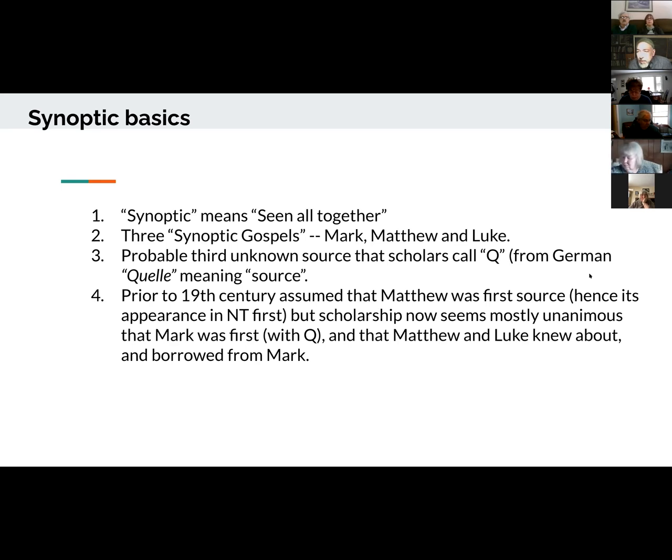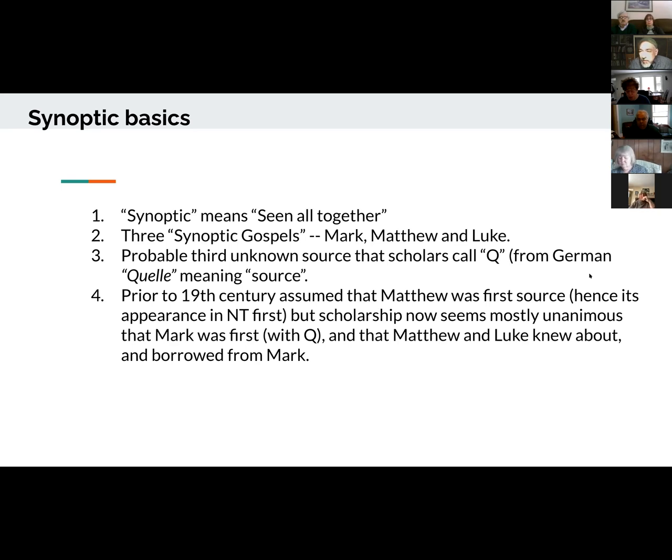There are four gospels, as you know: Matthew, Mark, Luke, and John. Of those four, three are known as the synoptic gospels: Mark, Matthew, and Luke. Generally when we talk about the gospels, we say Matthew, Mark, Luke, and John, because that's the order they show up in the New Testament. Up until the 19th century, it was more or less assumed that Matthew was the first of the gospels.